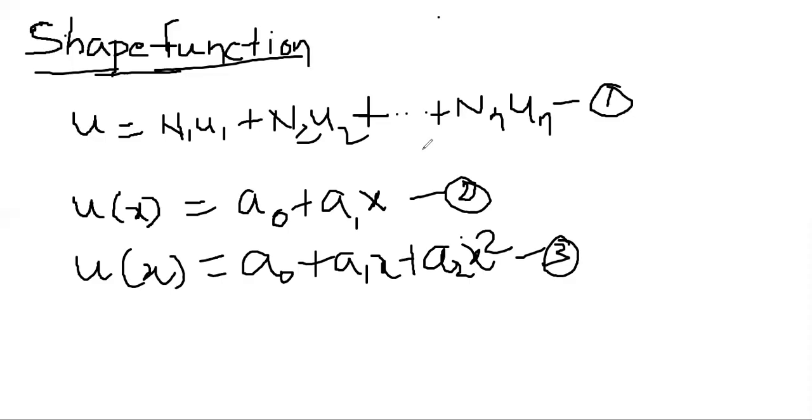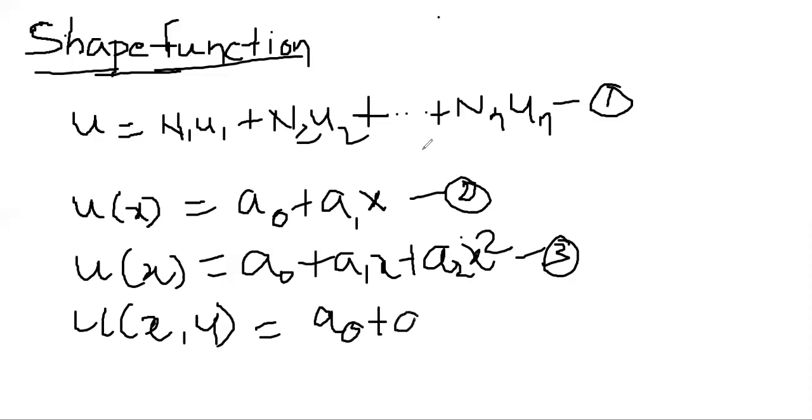Similarly, for the two-dimensional case, we may write u of x comma y is equal to a naught plus a1x plus a2y. This is the fourth equation.